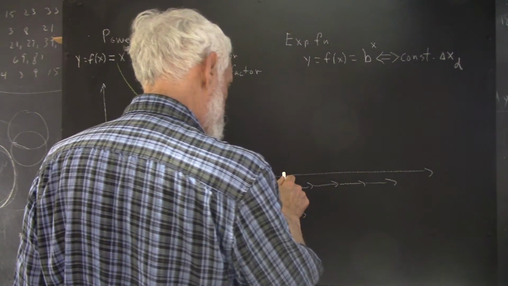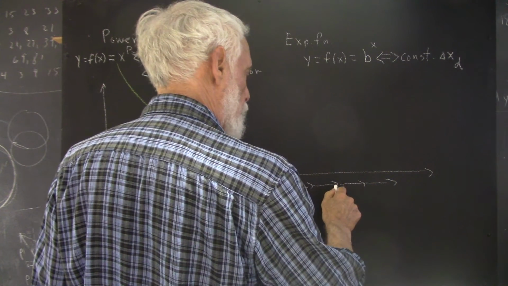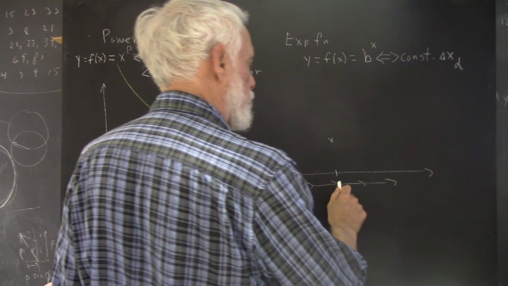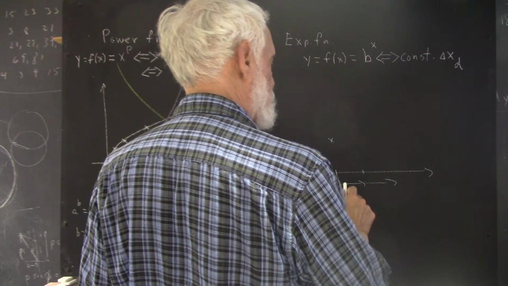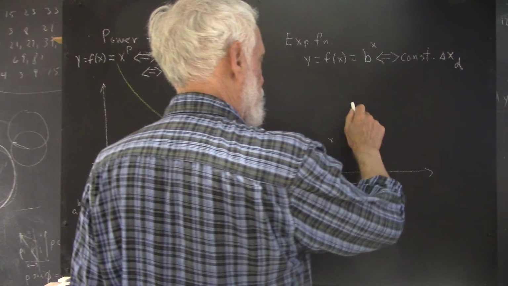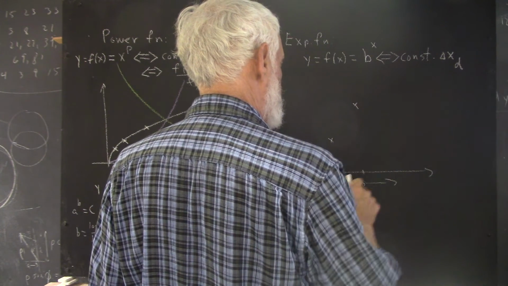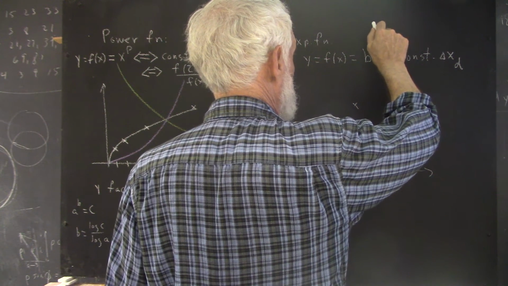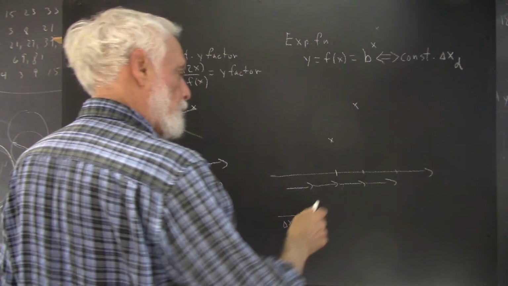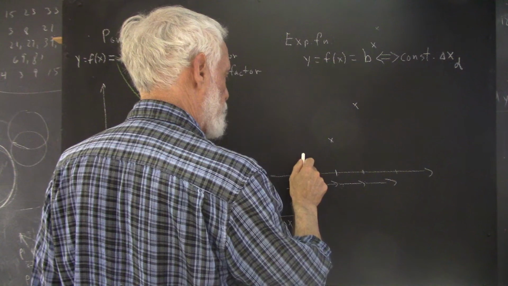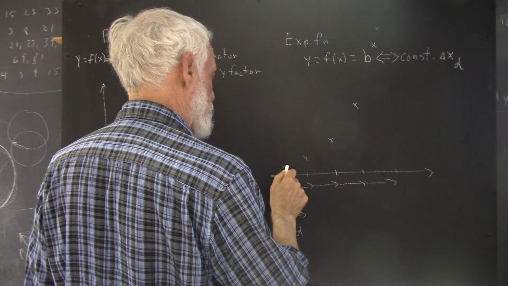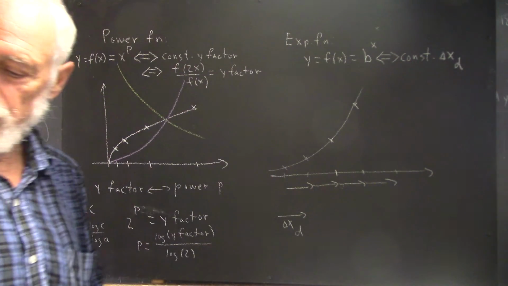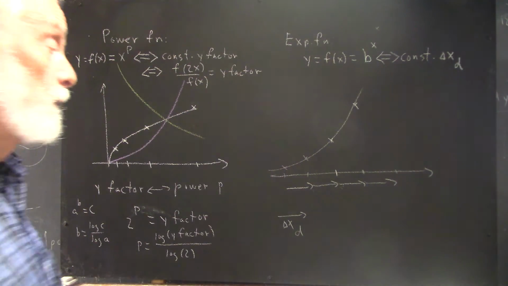If we take a point anywhere at the end or beginning of one of these arrows, and we move over through the doubling displacement, x is changed by delta x sub d so that the value of the function has doubled. And then if we move over that far again, that value will double in turn. We'll have a point way up here, which means that if we move backwards, the value is halved. And again, this is something we're very familiar with.